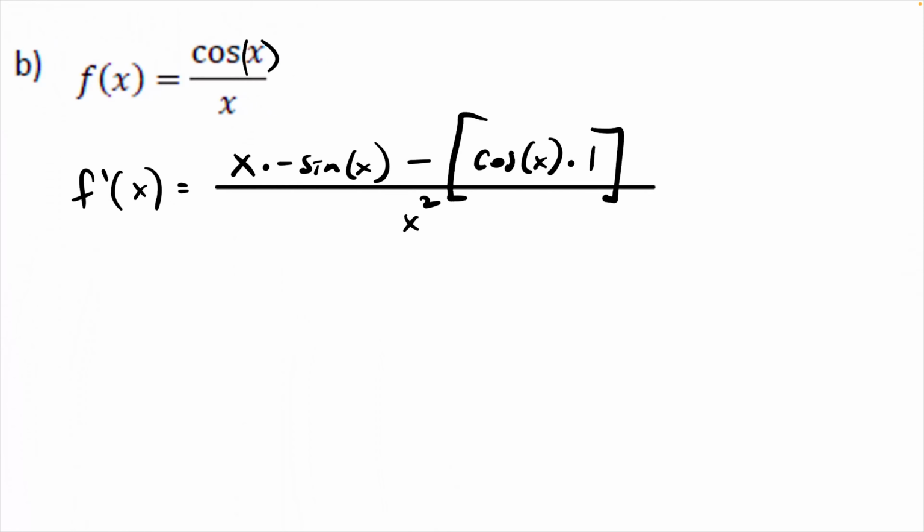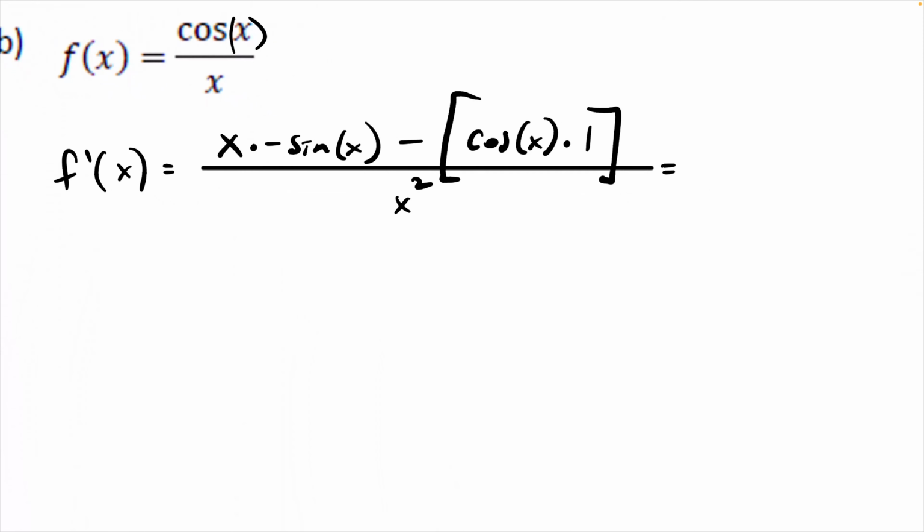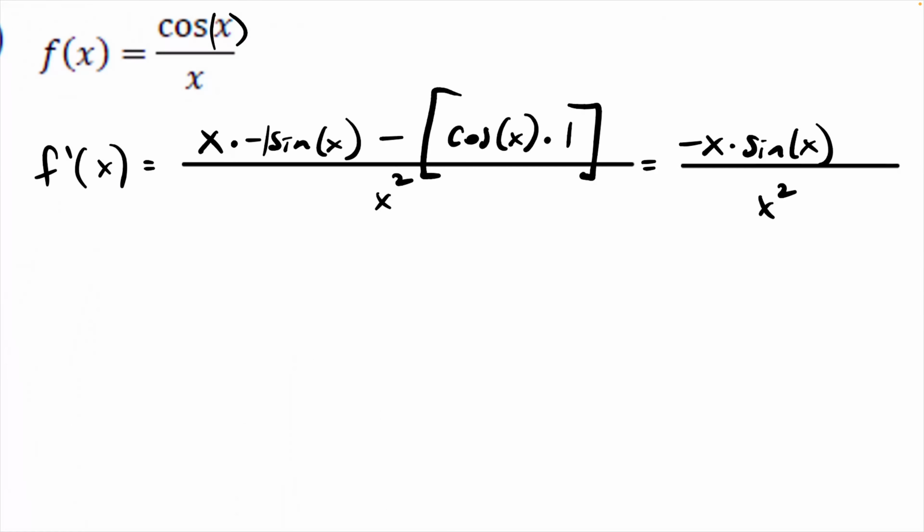Okay, clean it up a little bit, simplify as much as you can. There's not a lot to simplify here, but some of the negatives. So this is really -1, right? So I'm going to move the -1 to the front. So it's going to be -1x times sine of x. And then cosine of x times 1 is just cosine of x.